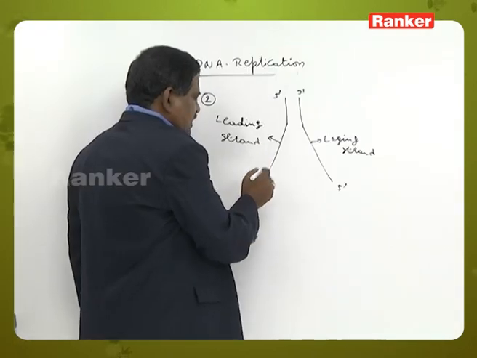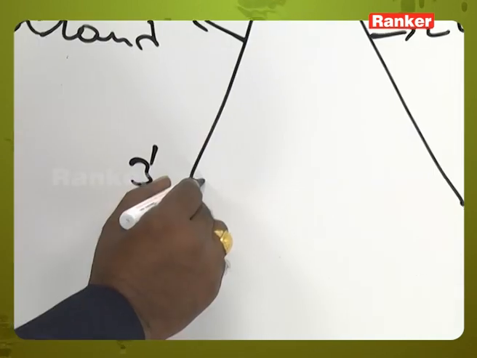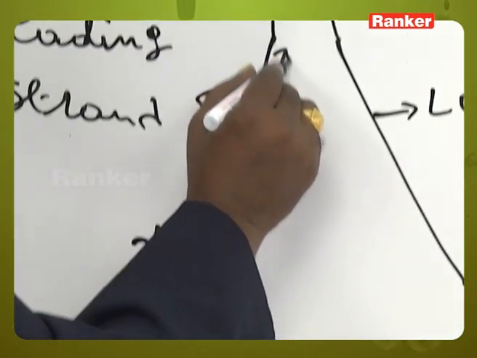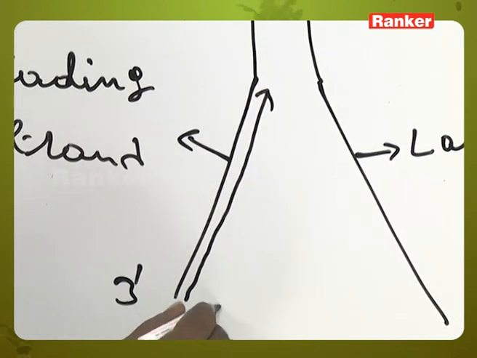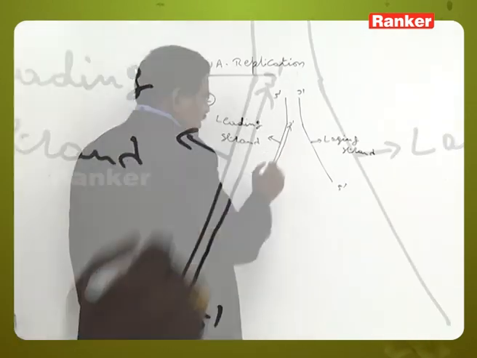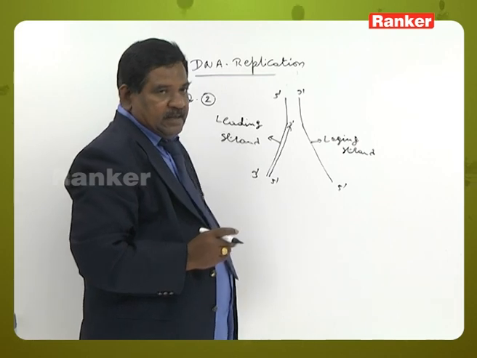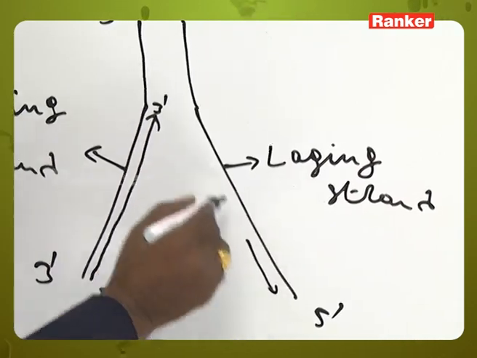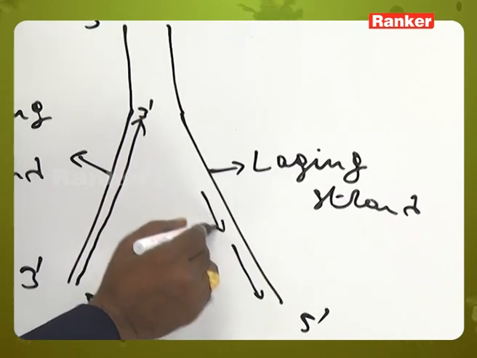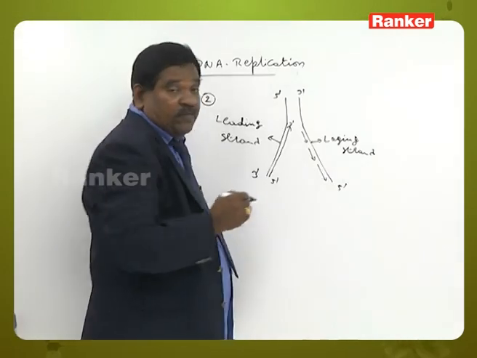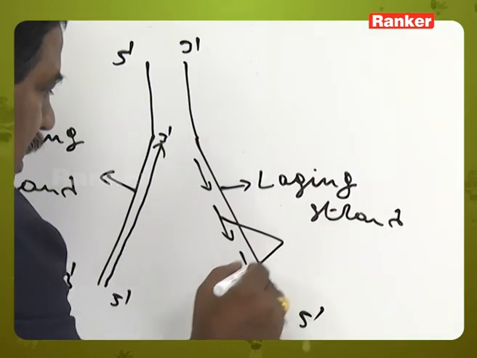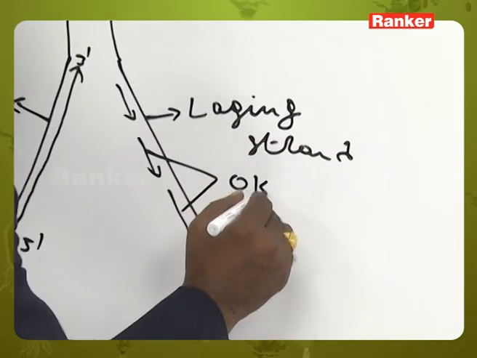On the template leading strand, the new DNA strand is synthesized continuously in 5'-3' polarity. But on the lagging strand, new DNA is synthesized in pieces, the fragments. Those fragments are called Okazaki fragments.